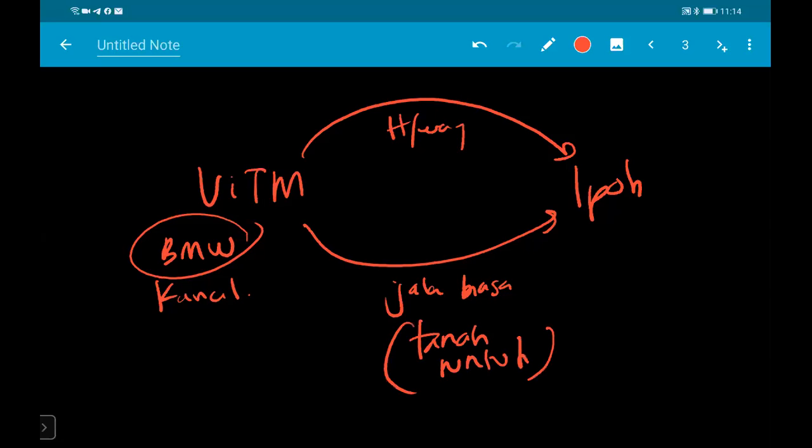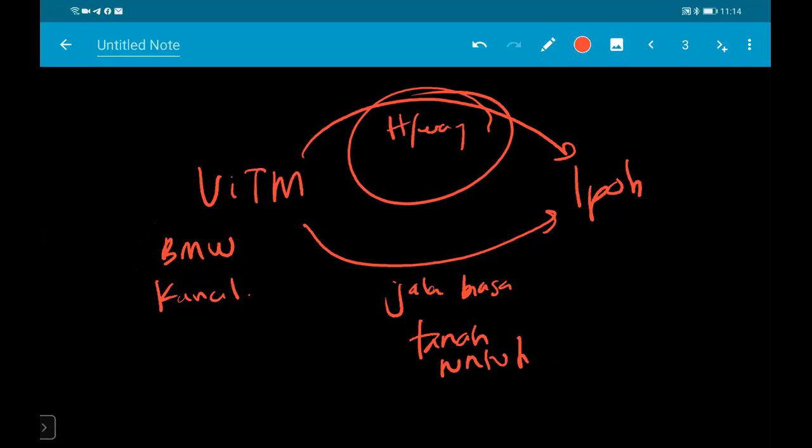Most probably you're going to use highway as your option untuk pergi ke Ipoh. My question is, sama ada anda naik BMW atau kancil ataupun ada tanah runtuh atau tak ada tanah runtuh, are you heading for the same destination or not? Yes. Doesn't matter lambat atau cepat, yang penting korang akan sampai Ipoh.